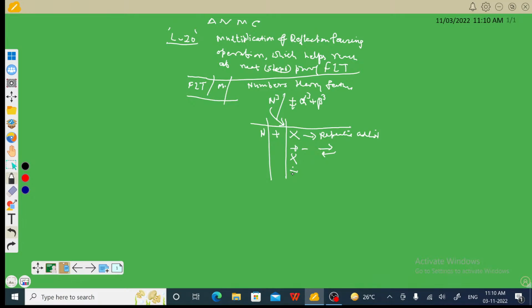In fact, this whole approach to numbers is as in Peano's axiom, where we have to reach from n to n plus 1 and so on.